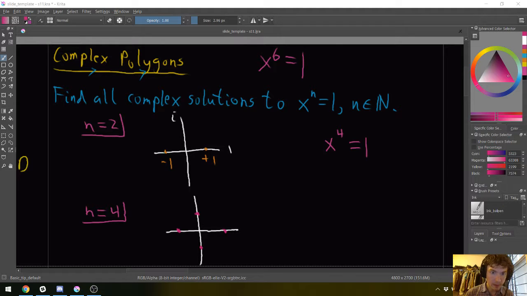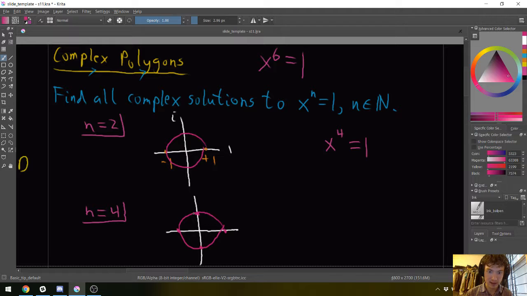Okay, so now we're starting to see a pattern, because if you think of putting in this unit circle we've been doing from trigonometry, the n equals 2 solution has these 2 points that are evenly spaced along the circle, right? They're at 0 degrees and pi, or 0 and 180 degrees. For n equals 4, they're at 0, 90 degrees, 180, and 270, or 0, pi over 2, pi, and 3 pi over 2.